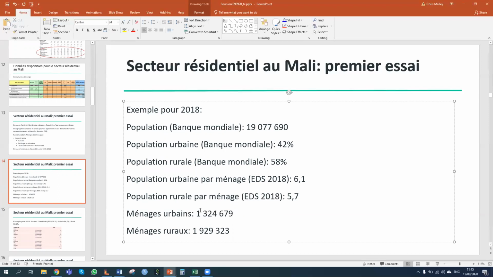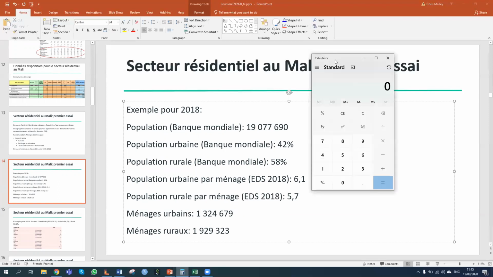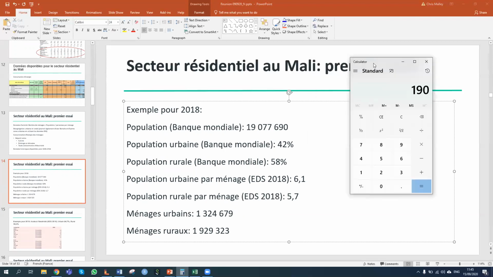So that's calculated by taking 19 million people multiplied by 42%. That gives us the number of people in urban areas, and then divided by 6.1. That gives us 1.3 million households.